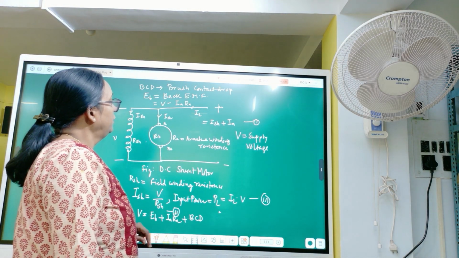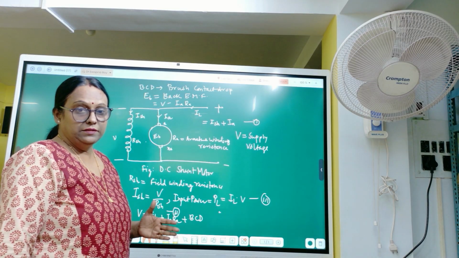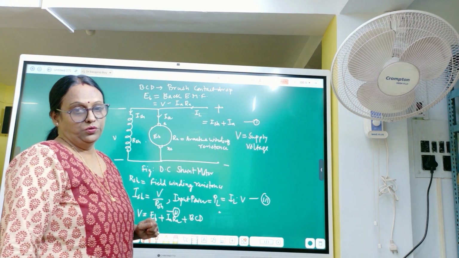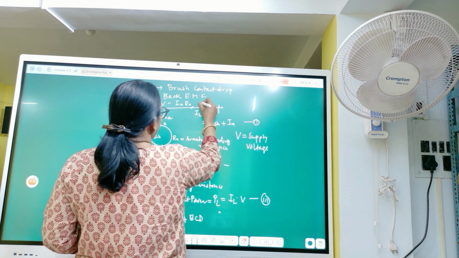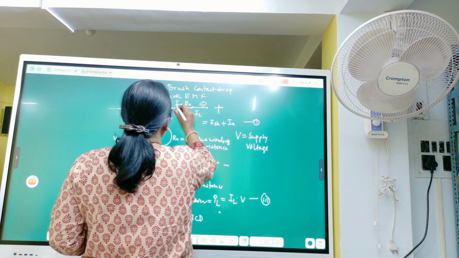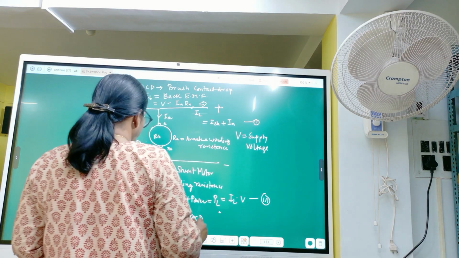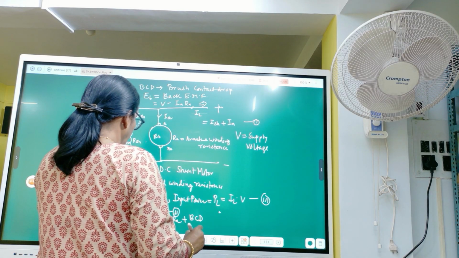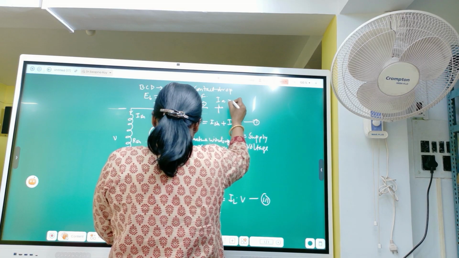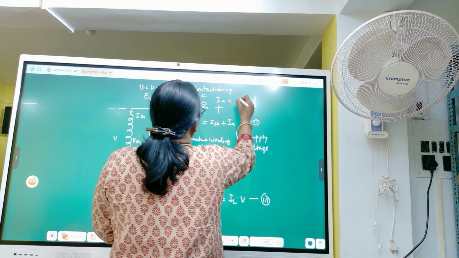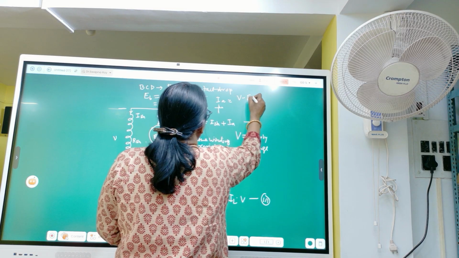Okay? Why do we need a starter in a DC motor? If you see the initial current, this initial current IA is equal to what?